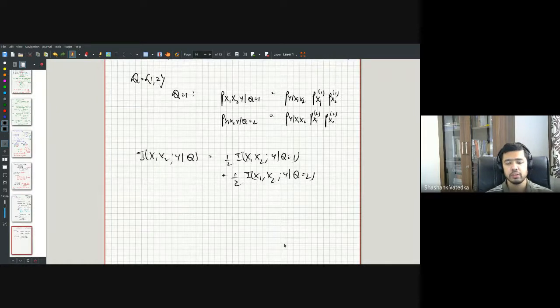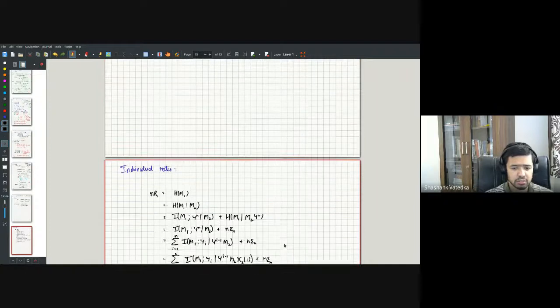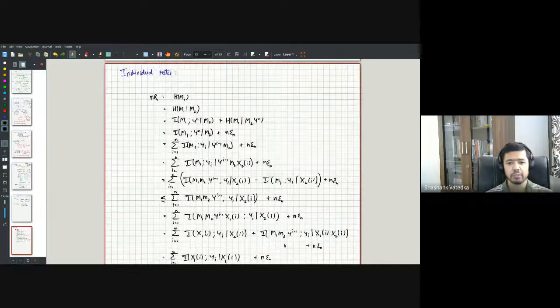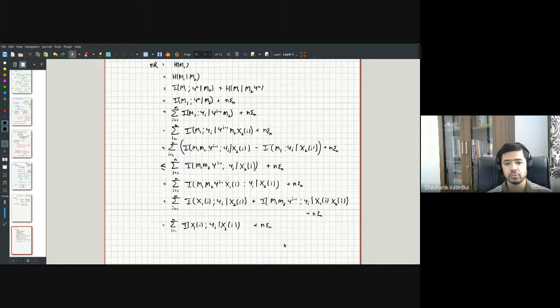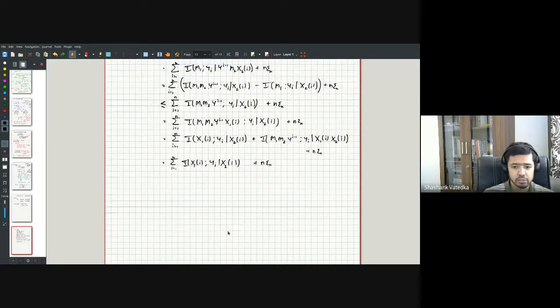All right. So we've seen a bound on the sum rate. Now, similarly, using an almost identical approach, you can derive bounds on the individual rates. You can show that NR1 is less than or equal to the sum of mutual informations between x1 and y given x2.